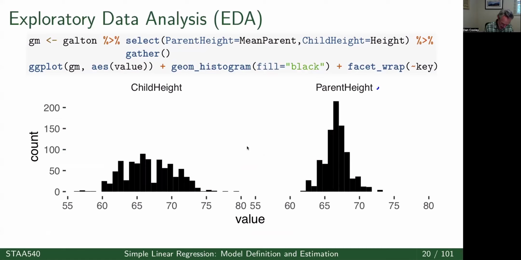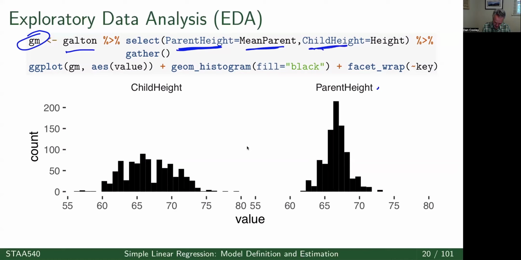we're going to create this thing called GM, which comes from Galton. We're selecting parent height. We're going to create this new variable called parent height, and that's going to be equal to the explanatory variable X from the previous slide, from parent height.